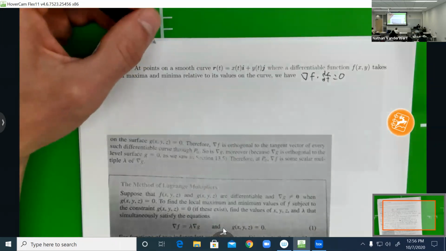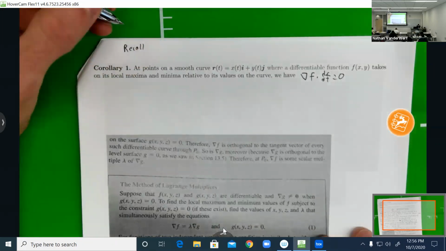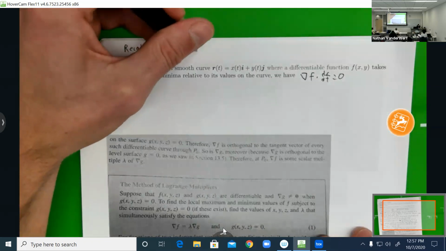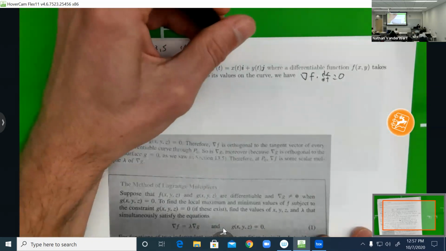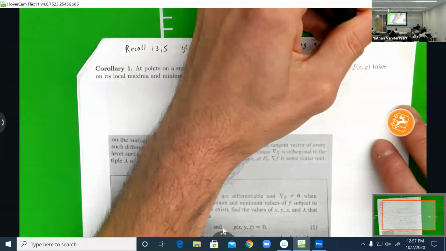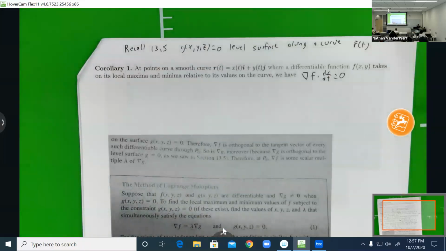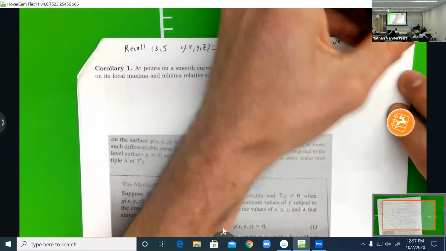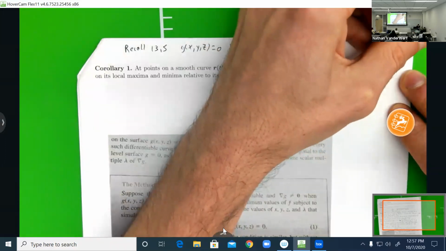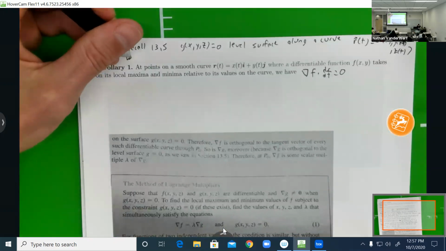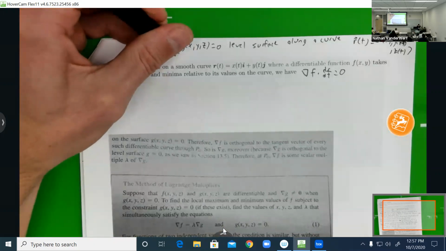Recall from, I think it was 13.5, that if g of x, y, z equals 0, if we have this level surface, which is what we have right now with g being the constraint along curve r of t, like before, where r of t is x of t, y of t, z of t, then we have dg over dt.